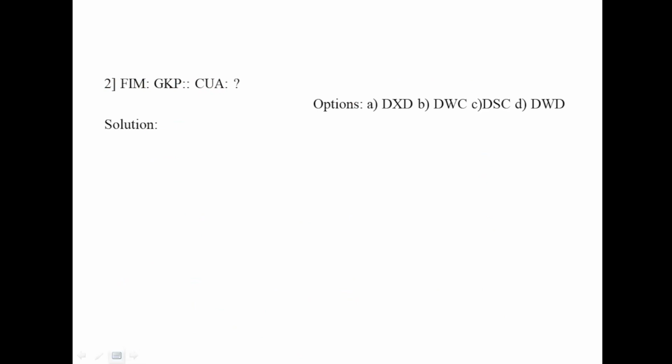Okay, let us move to the second question. We'll solve it very fast now. It's already practiced. First thing is you have to write it column wise. GKP and CUA, you have to find out what the question mark is. Here it is. So find the relationship between those. On the left side, for F I will write its number 6, I is 9, M is 13.